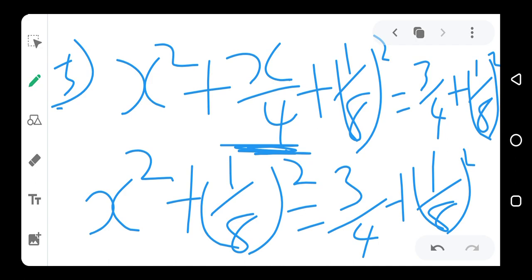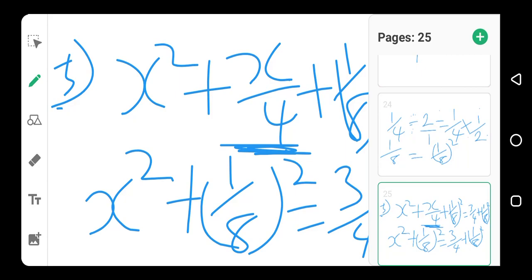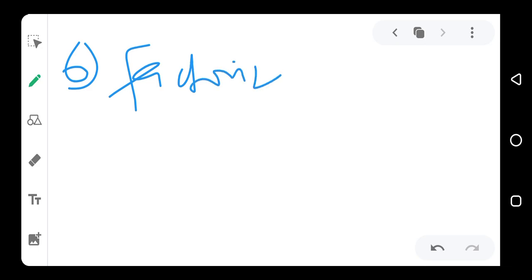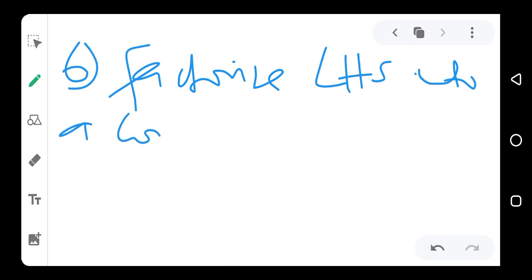Now in step 6, we factorize the left hand side, making the two values to be in a common bracket.